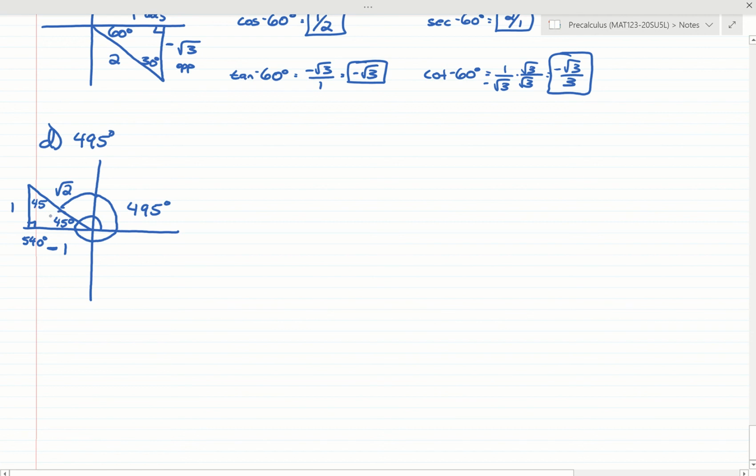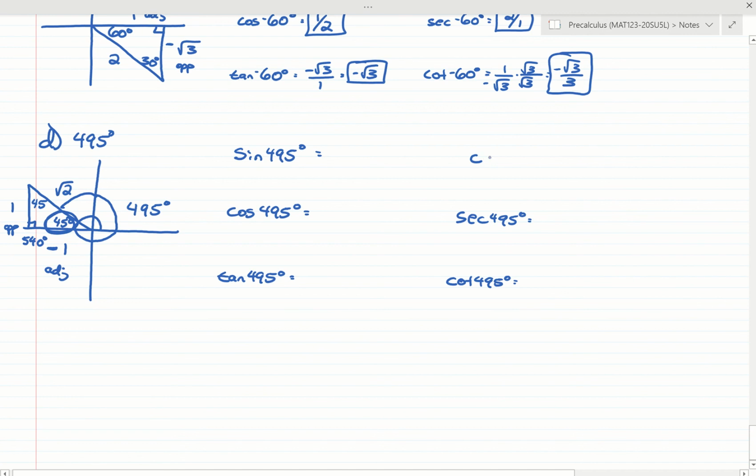And this is our reference angle. So this would be the adjacent side. This would be the opposite side. And let's figure it out. So the sine would be the opposite over the hypotenuse.